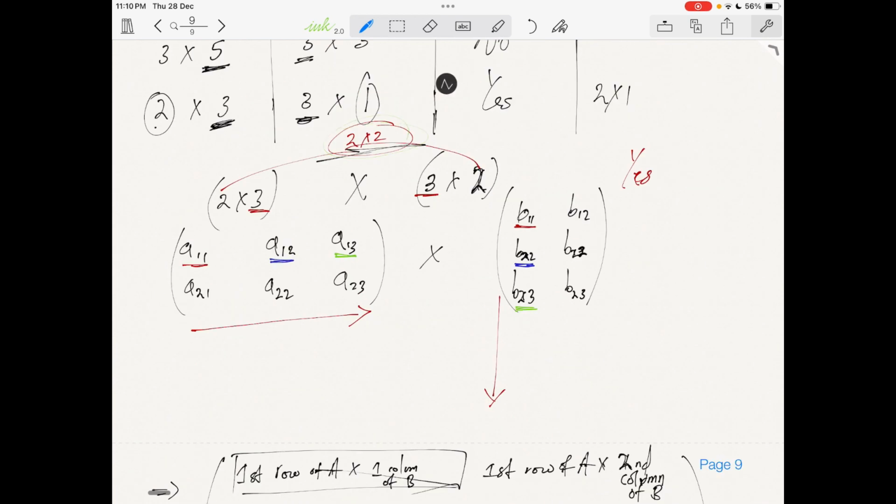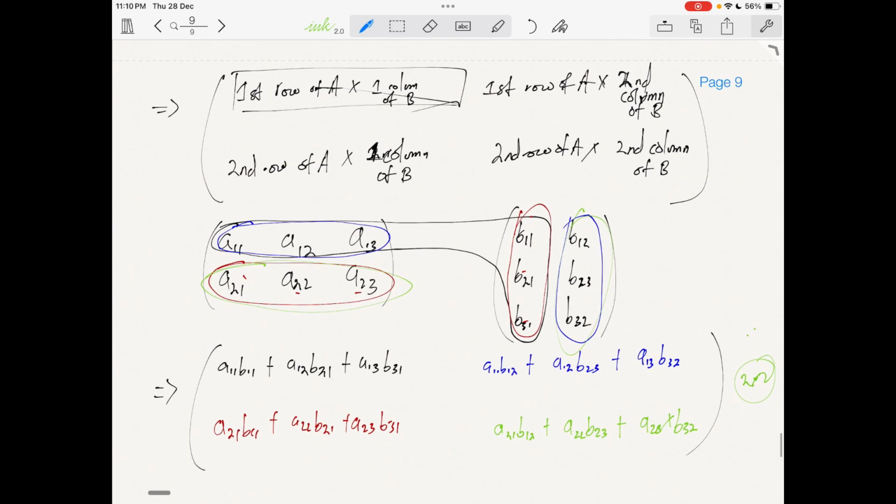So with that done, in the next video we'll be looking at examples of matrix multiplication.